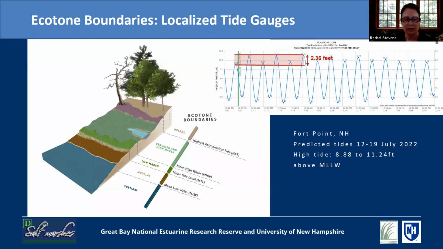And so there's a lot of variation, but the salt marsh vegetation responds to a longer term average of these really variable tides. So the analogy is the daily tide cycle is like the second hand on a clock, whereas the ecotone boundaries is like the hour hand. It's measuring the same thing, but over a lot longer duration. So in our context here, we're measuring elevation rather than time.